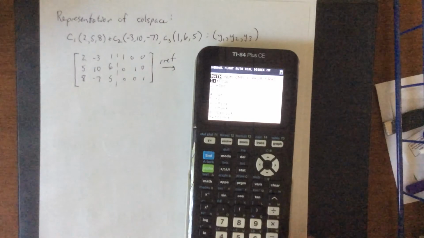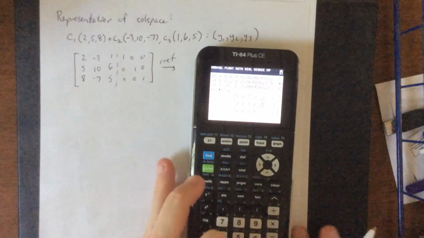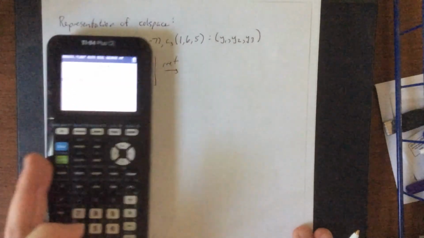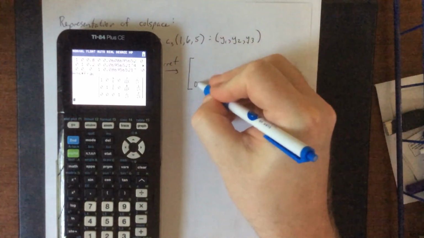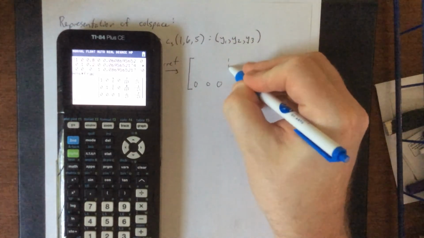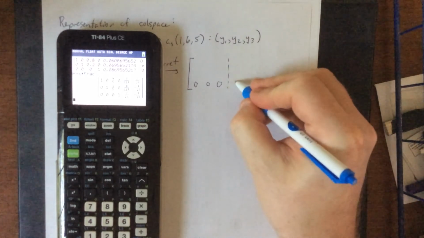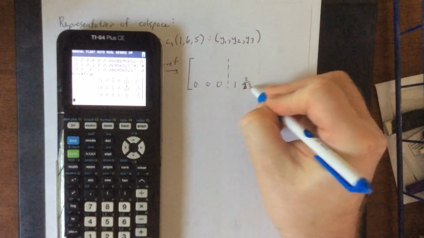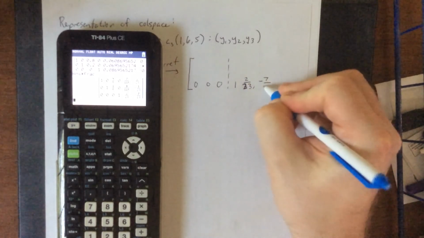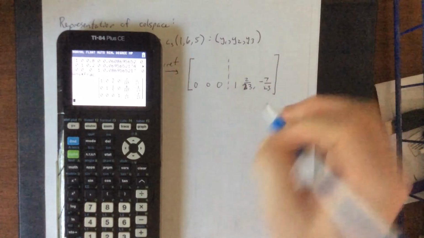Oh man, keep forgetting to do that little math enter enter thing. Oh boy, there is a lot going on in that last row. So we got a 0, 0, 0 to the left of the augment, which is what was expected. Then we got a 1, 2/23rds, and negative 7/23rds. Holy wow.